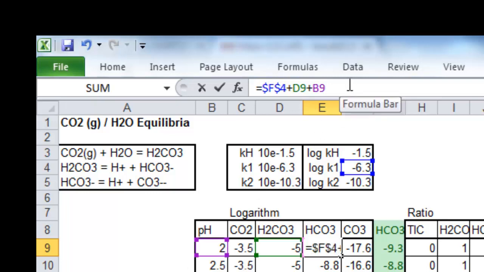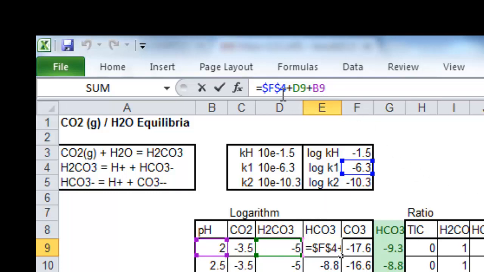So again, if we click on here, the formula that we've written in there is: the bicarbonate concentration, the log HCO3 minus concentration, equals the log equilibrium constant, which is minus 6.3, plus D9, which is the log H2CO3 concentration, plus the pH, the pH being the minus log hydrogen ion concentration.